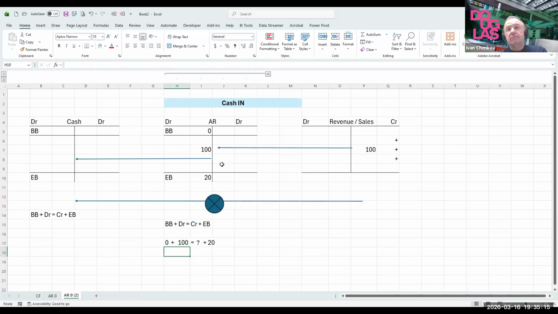How much is my credit? 80. Make sense? If I put here 80, those are the ones that I collected. That's when we have the accounts receivables with an ending balance.